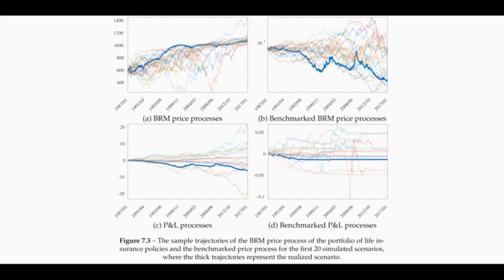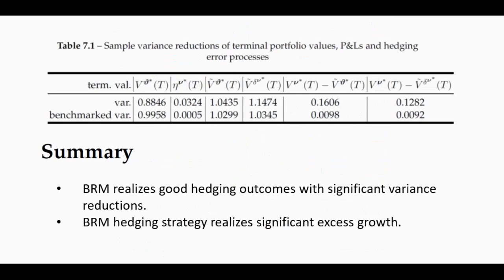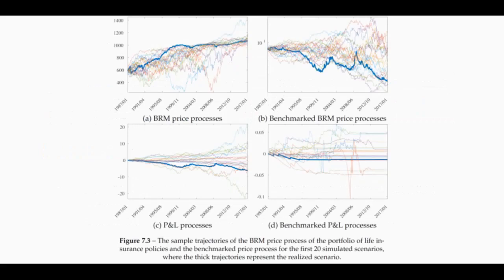So recall that these values are the values as seen by the policyholders. So this group of policyholders' portfolio values decrease with time. This shows that the portfolio process, as seen by the insurance company, is actually making a gain.